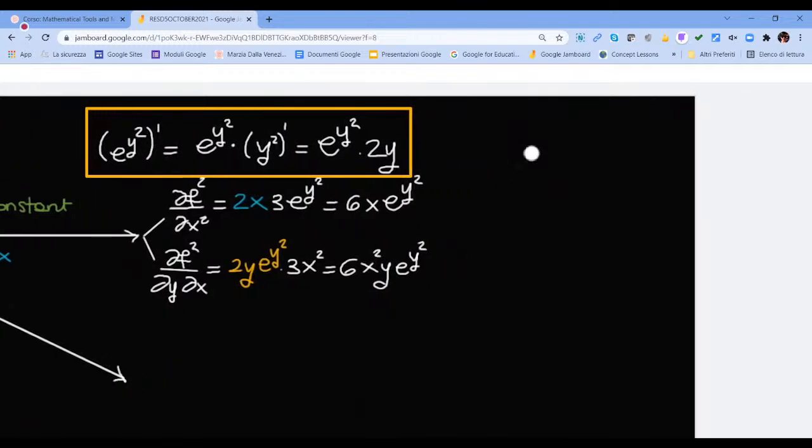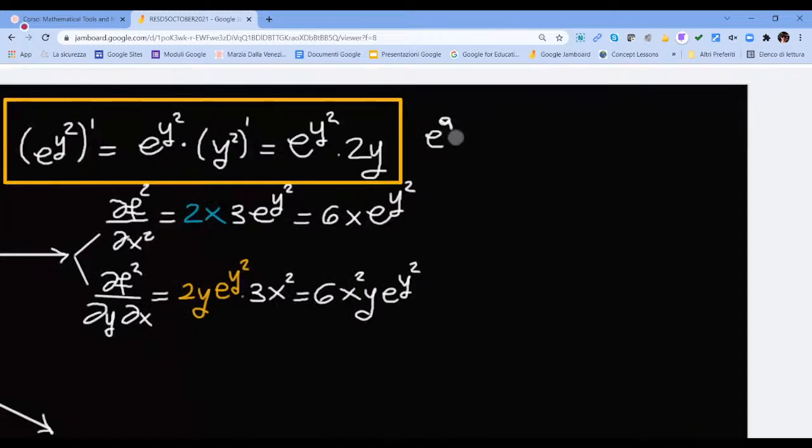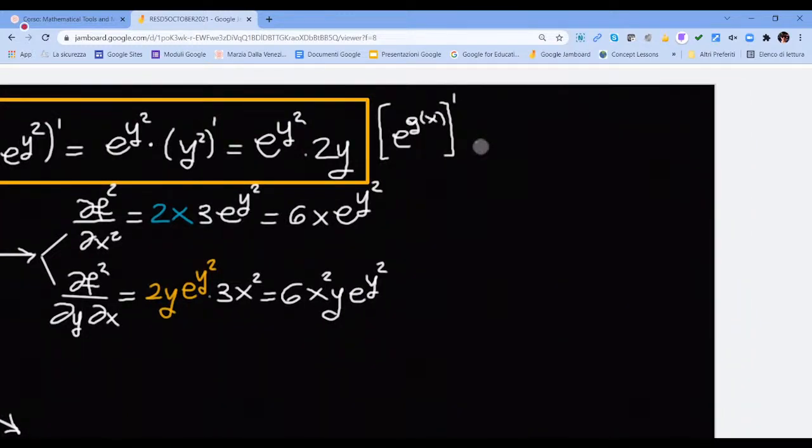You remember that the exponent of the exponential function is the argument of the exponential function. That means that if you want to compute the derivative of this one, this is f of g of x. f is applying the exponential function to its argument, that is its exponent.